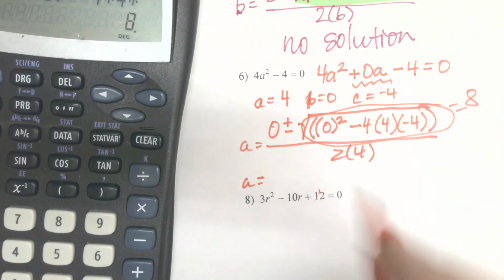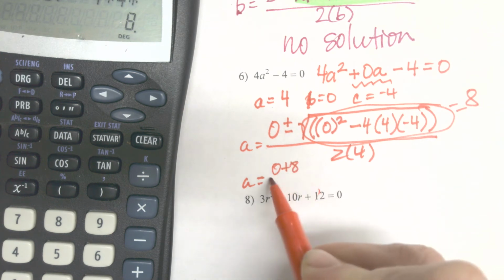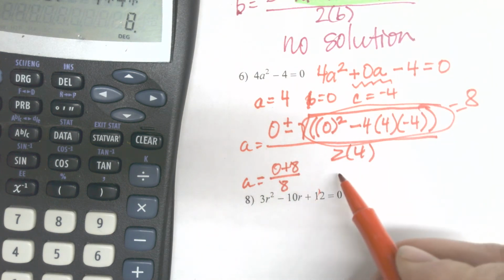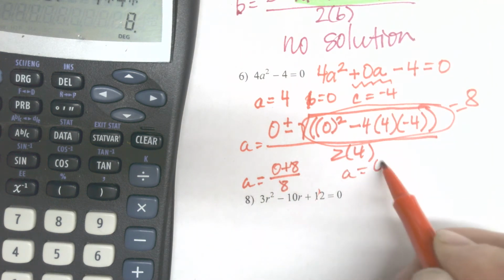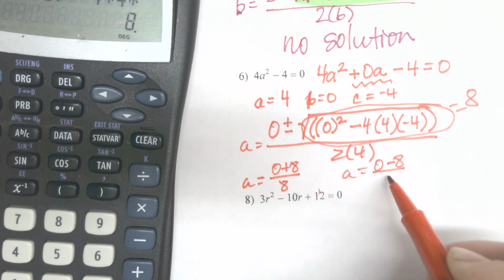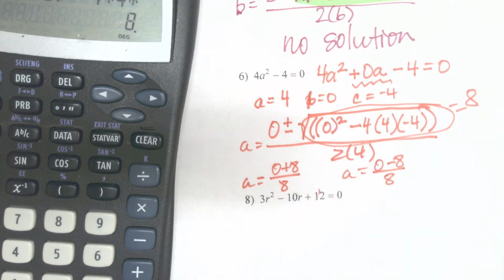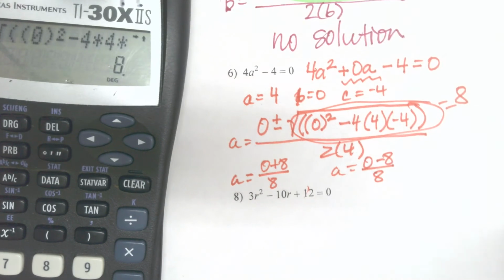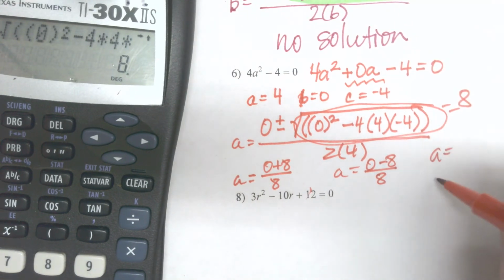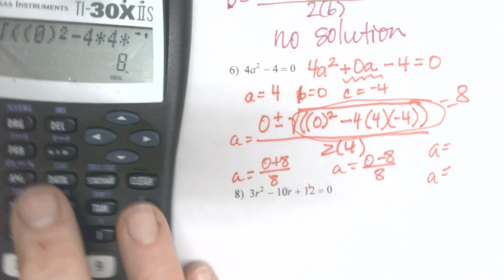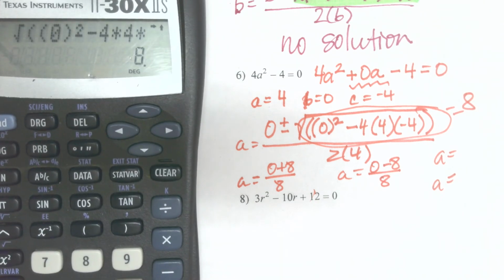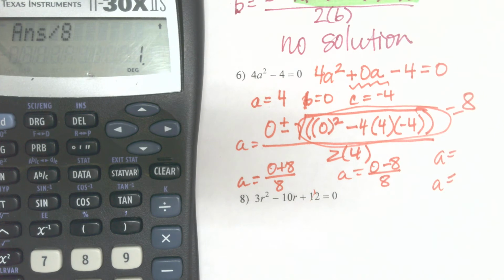So it is 0 plus 8 divided by 8, and 0 minus 8 divided by 8. And then I get my two answers. Don't forget to hit equals. 0 plus 8 equals divide by 8, 1. 0 minus 8 equals divide by 8, -1.